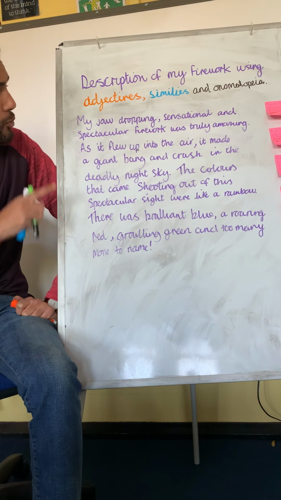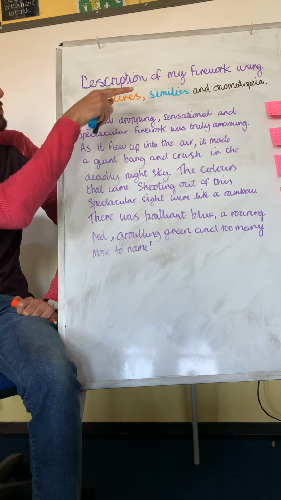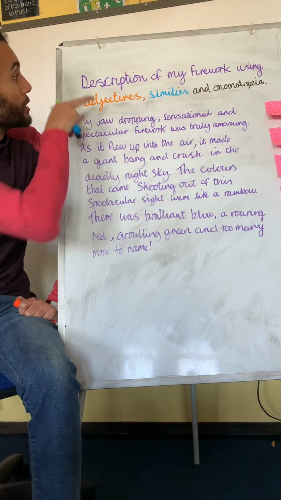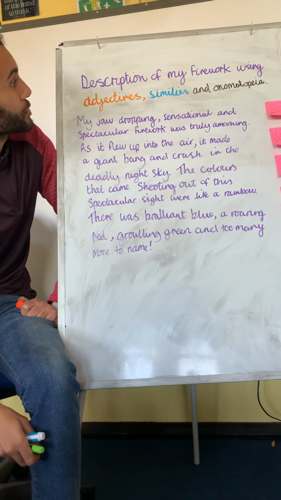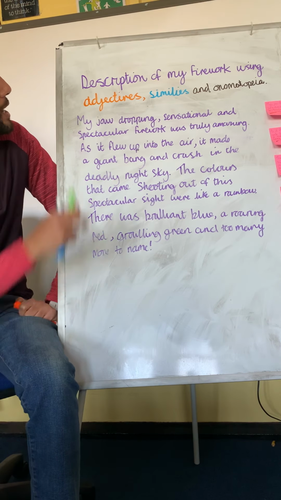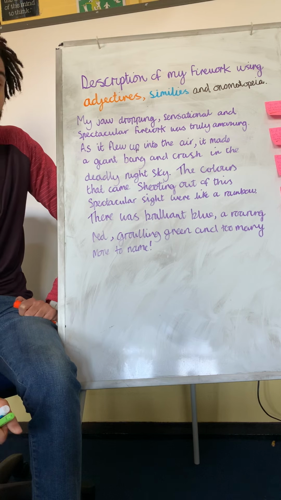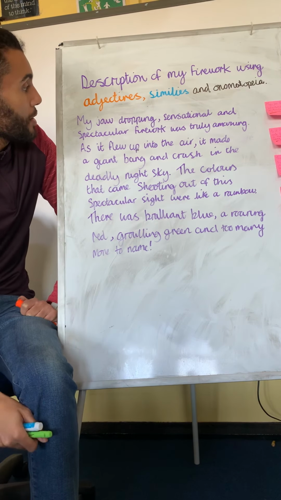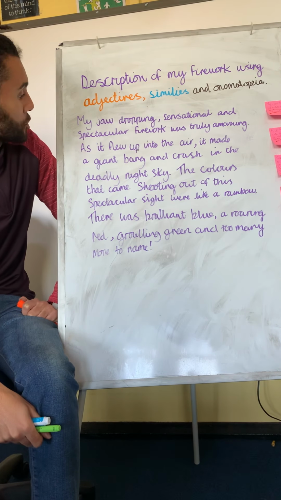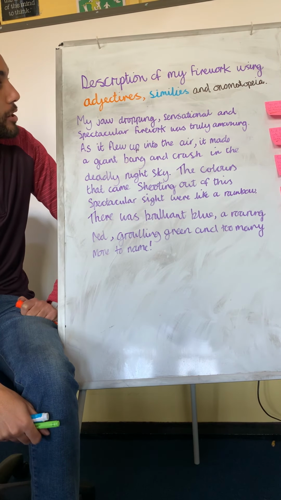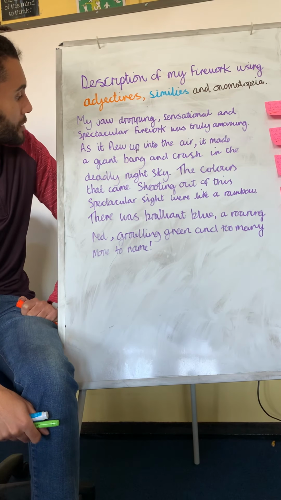I'm going to read it out first, and we're going to go through each of the different things that you're going to include. At the top here, it reads: Description of my firework using adjectives, similes, and onomatopoeia. So let's read through. My jaw-dropping, sensational, and spectacular firework was truly amazing.